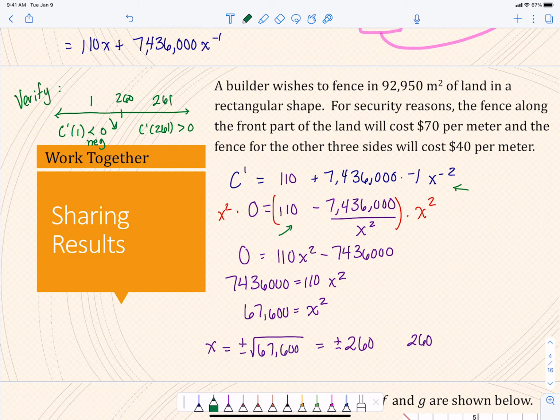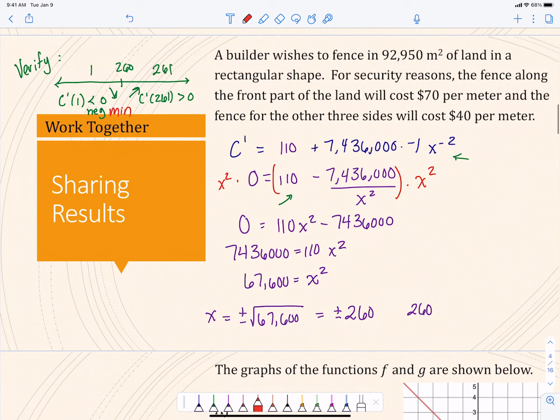When you plug 261 into this part of our derivative, you get 109 point something. When you subtract your 110 from that, you get a positive number, which tells us that we're increasing. So we do have a minimum there. You could also take the second derivative, plug in that critical point, and show that you're concave up. That would show that you also have a minimum.